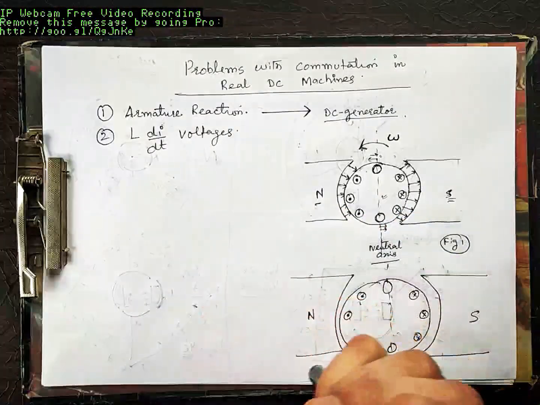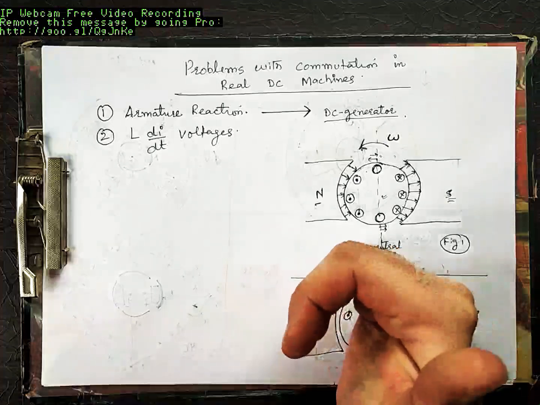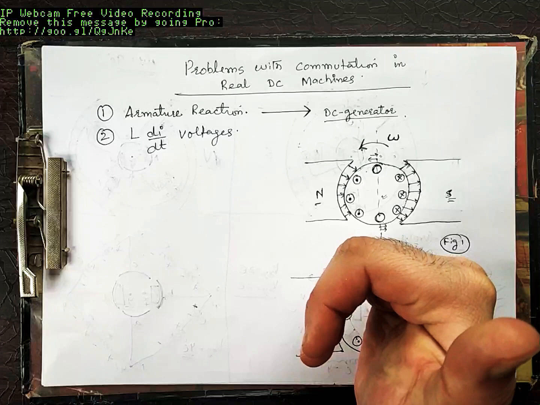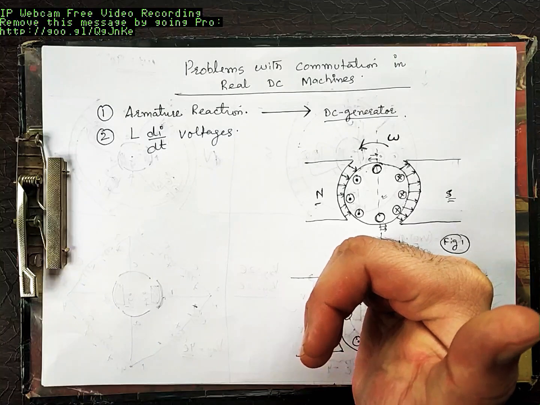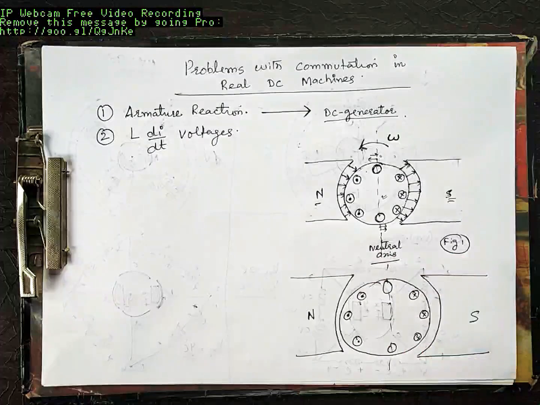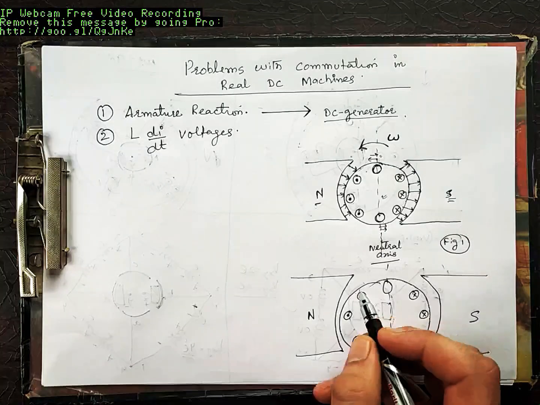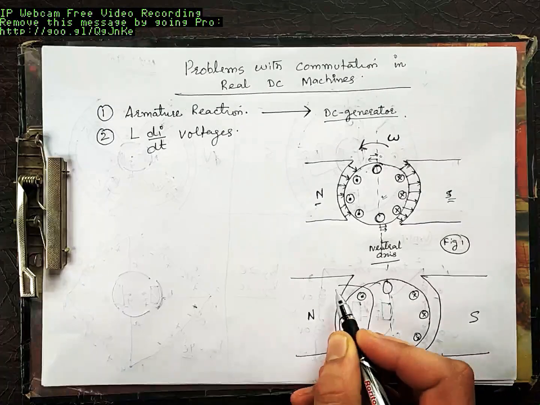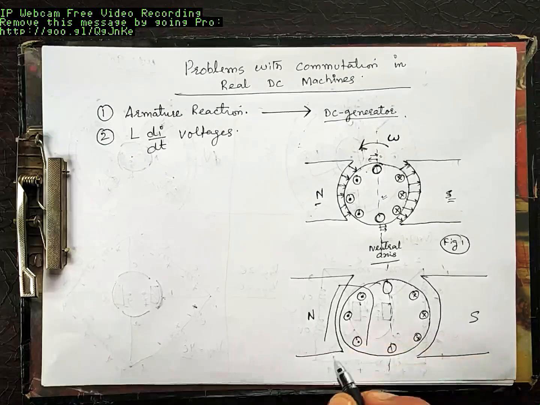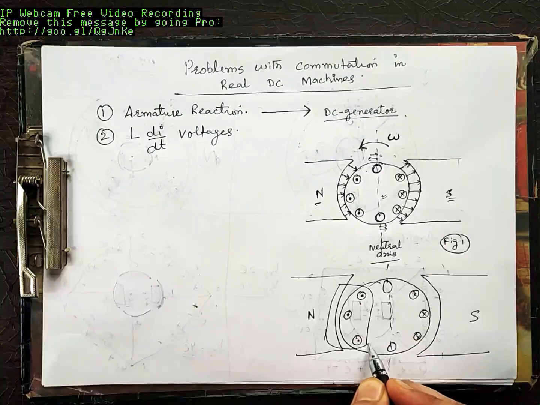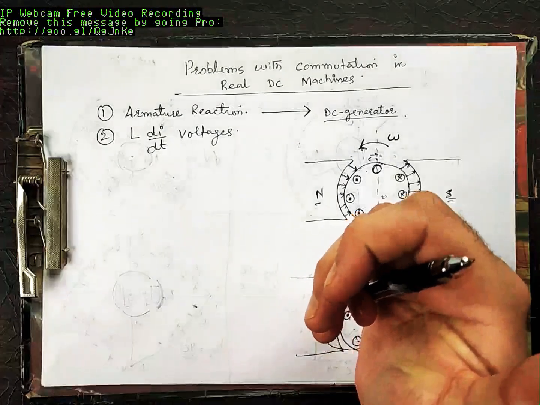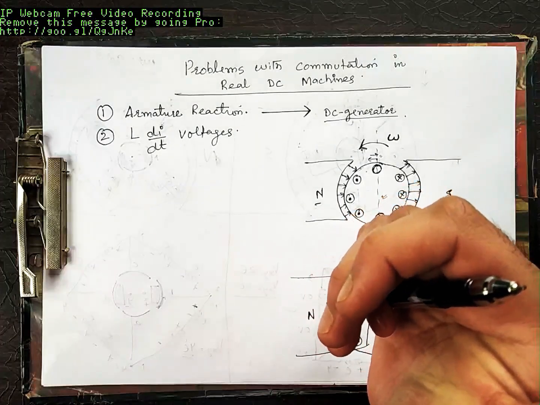If you hold the conductor in your hand with the thumb pointing in the direction of current, the direction of the curl of your fingers will give you the direction of the magnetic field. So it produces a magnetic field in this direction. Current is up, curl is anti-clockwise.